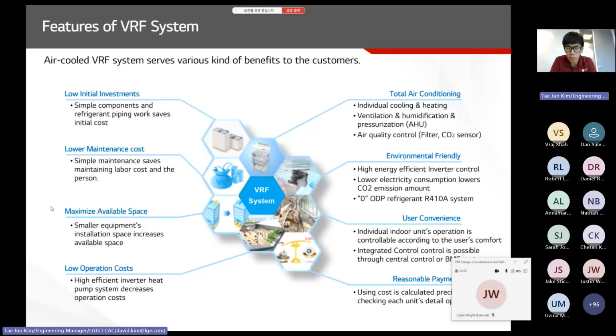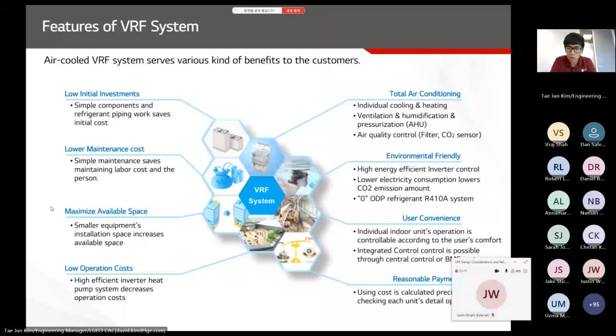Maximized available space by reducing the equipment size as much as possible. Lower operation costs using the highly efficient inverter compressors that are available across the VRF units in the market. Total air conditioning, total solution, with individual indoor cooling and heating control using the heat recovery systems.